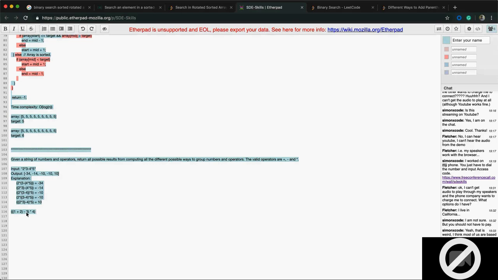Yeah. So what should be the result in this case? So 3 minus 3, 0. Will be 0. The other combination, let me first write it. 2 minus 3 multiplication 4. Then we can combine maybe these two.